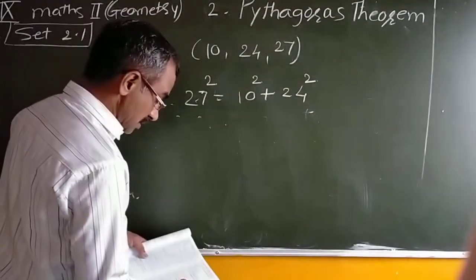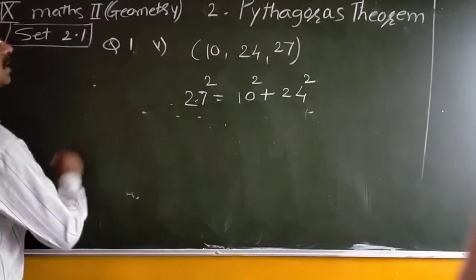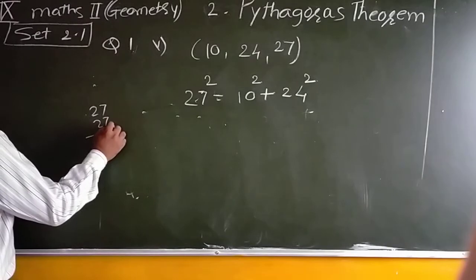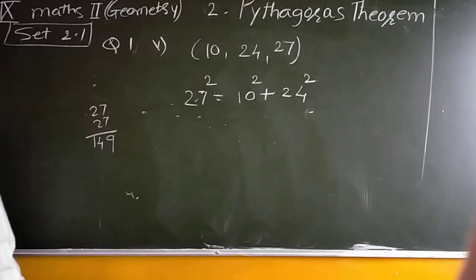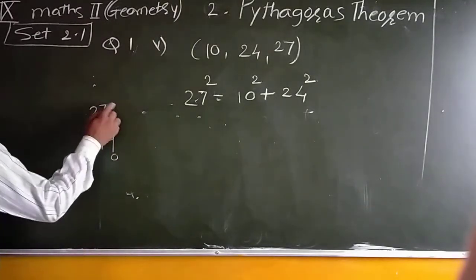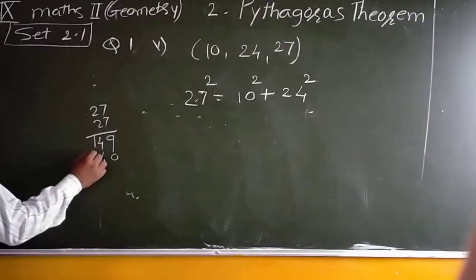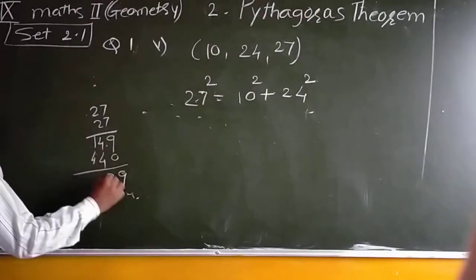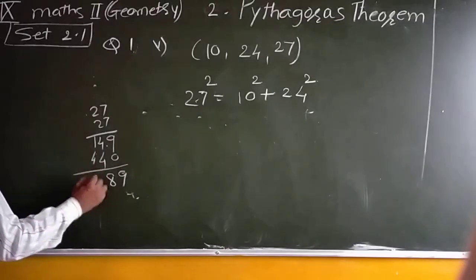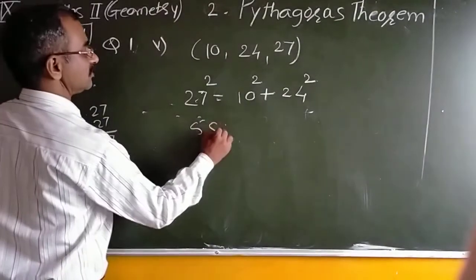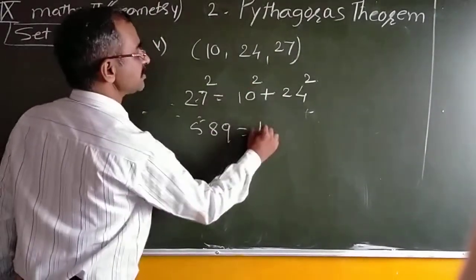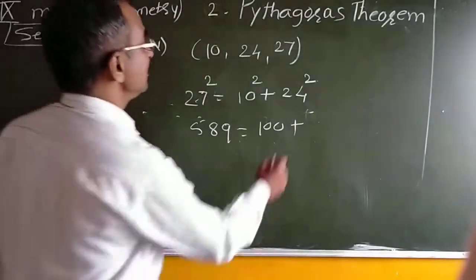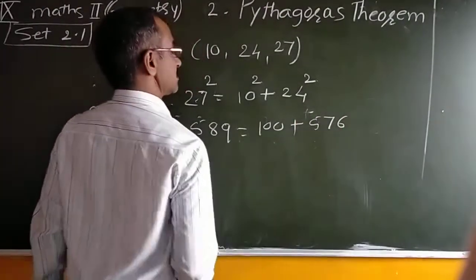We multiply 27 by 27, which gives 589. And 10 square is 100 and 24 square is 576.